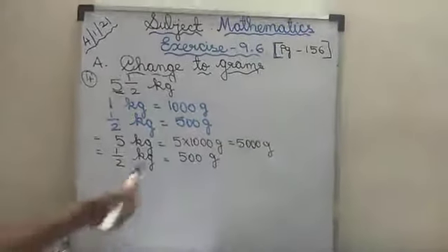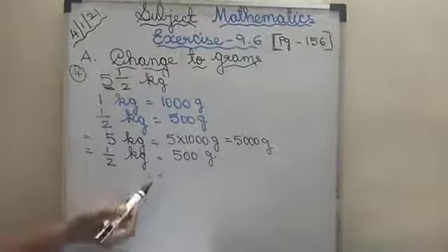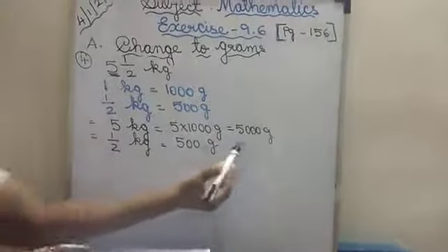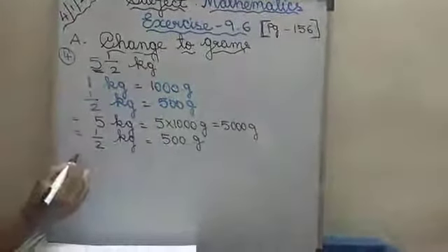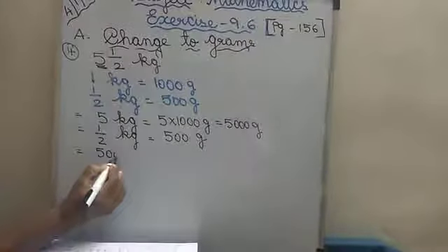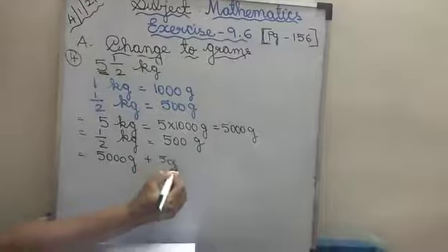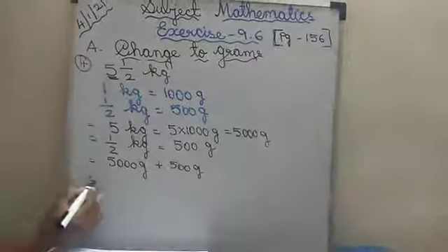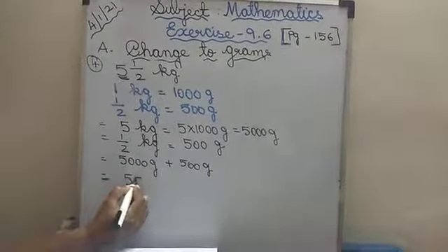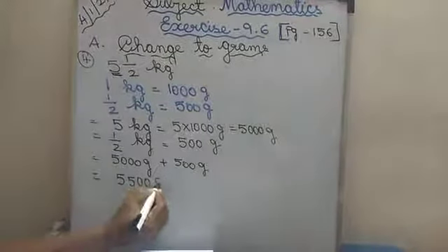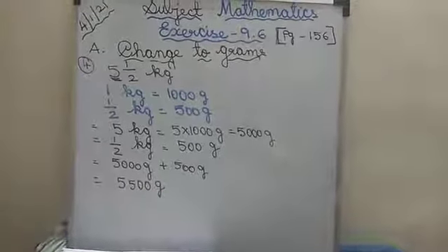So what you have to do? You have to add both the grams. So what will come? 5000 gram plus 500 gram. When you add, what will come, children? 5500 gram. Understood, children?